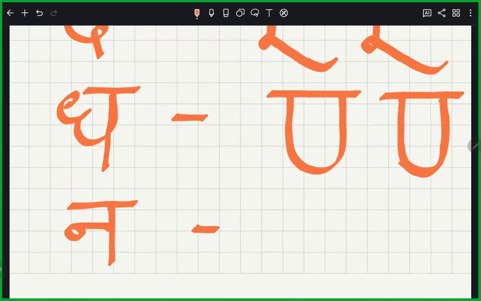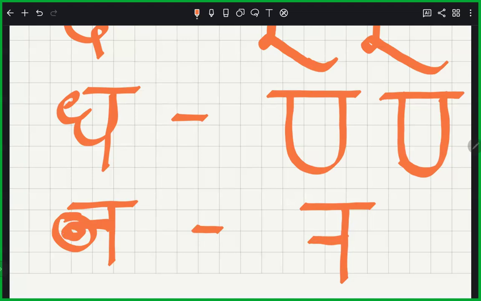N is very simple. Just a vertical stroke here, and right in the center of this vertical stroke, we draw this parallel line. In case of Devanagari na, we have this, it curls it up and makes a small round here.